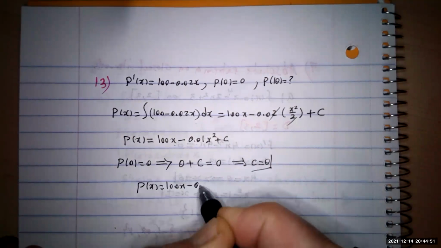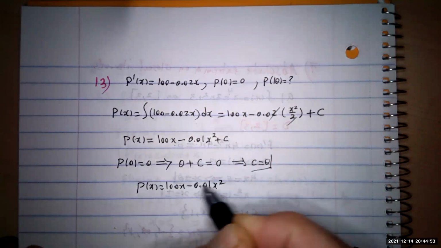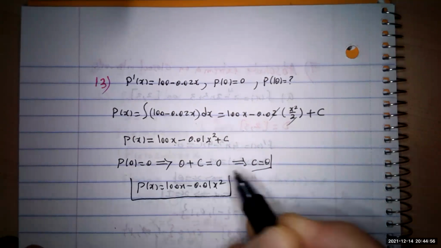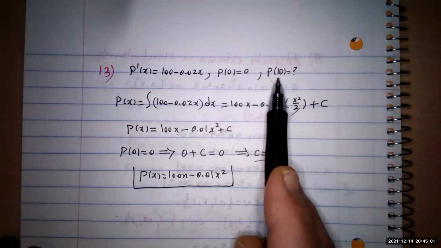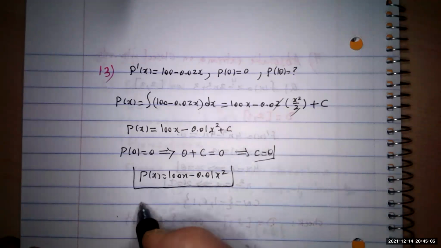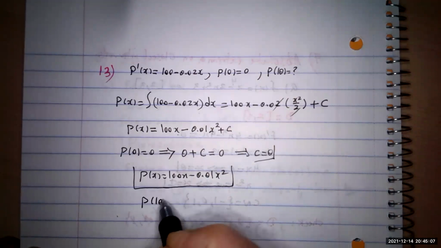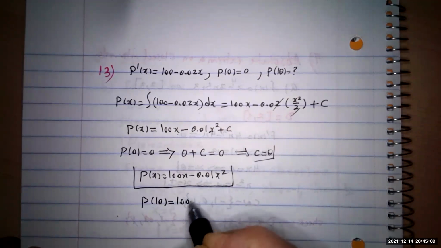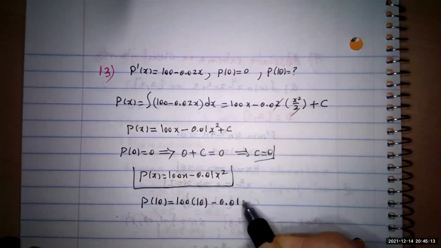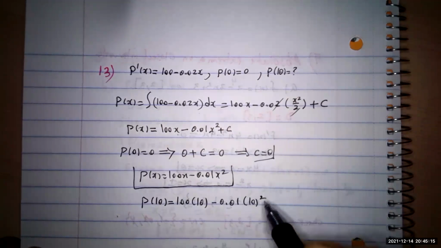100x minus 0.01x squared. You said it's going to be a profit function, then they ask you to do something about it. What do you want to do? You want to find P of 10. So replace x by 10. So P of 10 is going to be equal to 100 times 10 minus 0.01 times 10 squared.